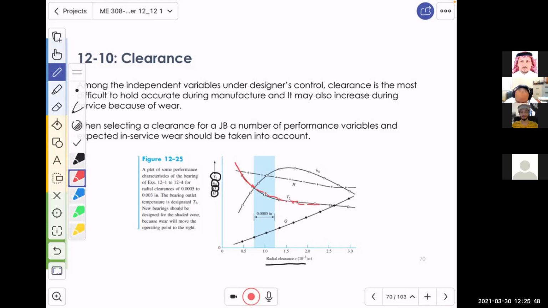Same thing, the heat changes, the flow rate of the lubricant, and H0 weirdly goes up and then it drops down. So the recommendation is that you want an optimal value, and the recommendation is always to start a little bit to the left.